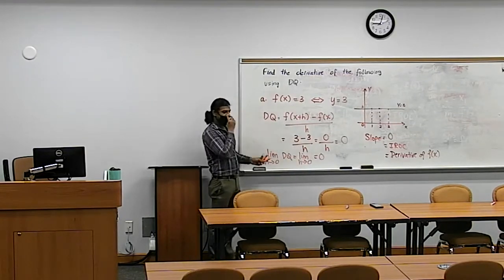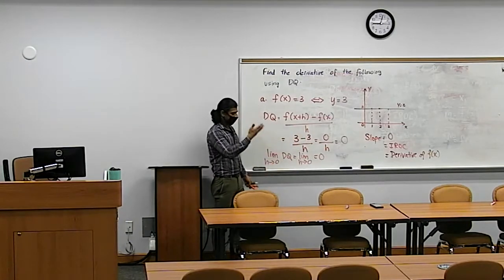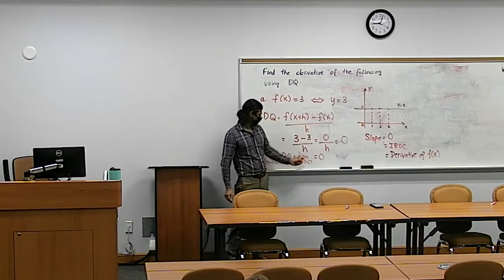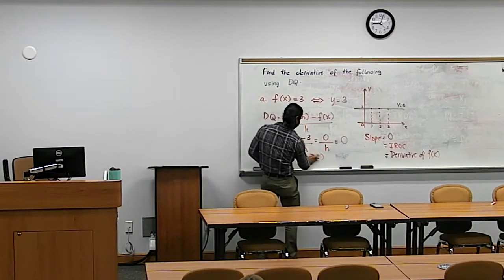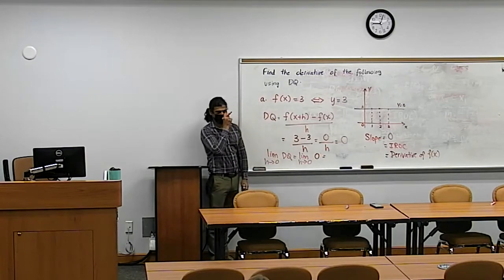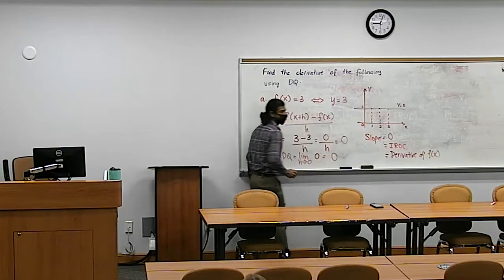I'm taking the limit. So the limit is going to be affected only if you have h in it, right? There is no h there. When you evaluate the limit of the difference quotient, no h, so the answer has to be 0.